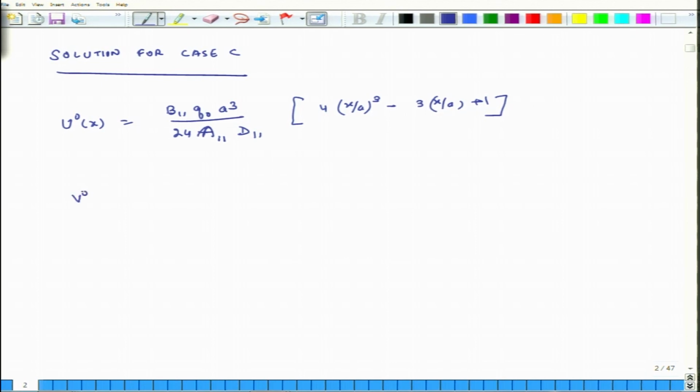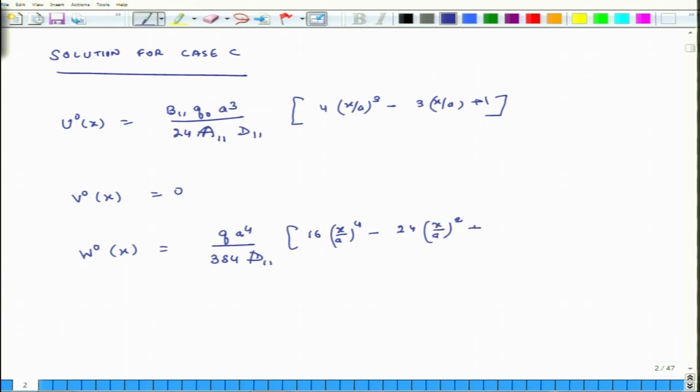And V naught x, we calculated that it is 0, and W naught x, it comes out to be Q a to the 4 divided by 384 script D11 times 16 x over a to the 4 minus 24 x over a to the power of 2 plus 5.